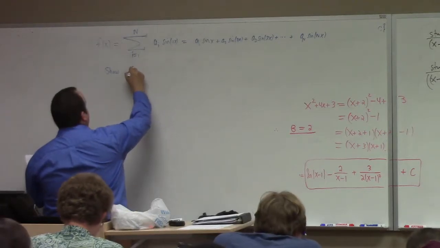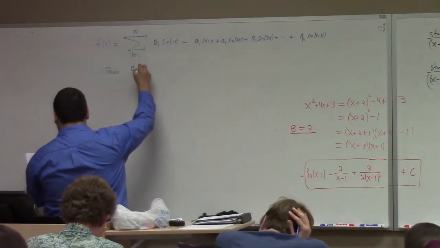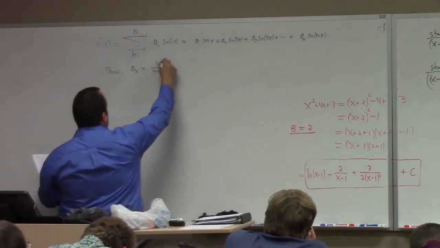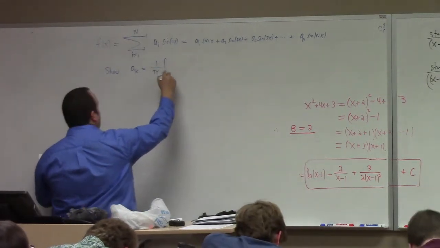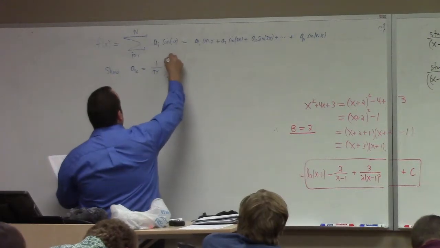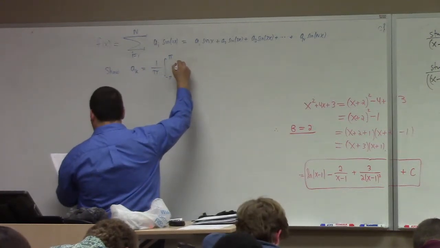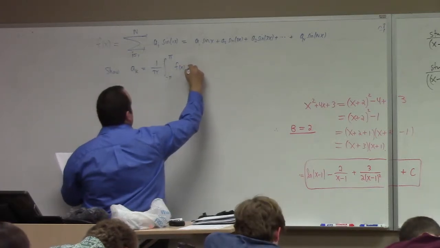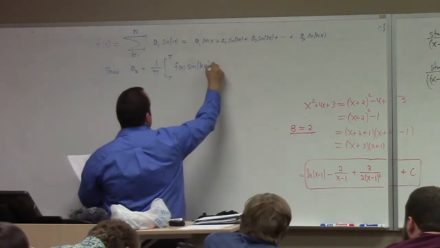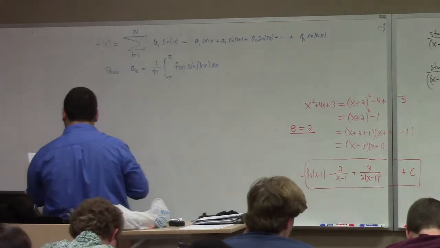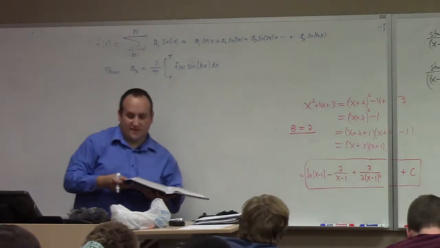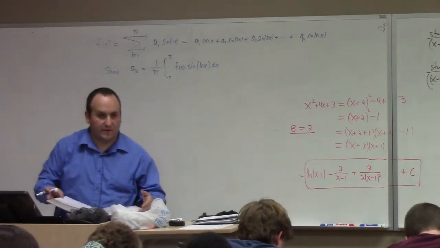Let me say that we want to show that the kth coefficient is equal to 1 over pi, the integral from minus pi to pi of f of x sine of kx dx. And then he asks us to find it for a specific one.